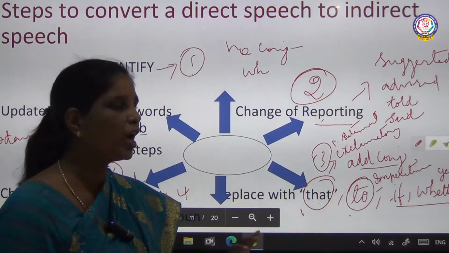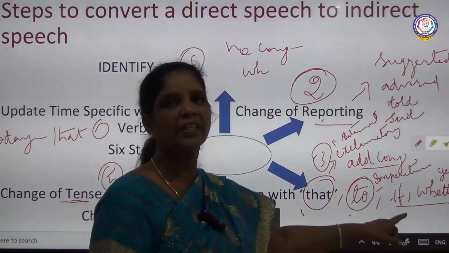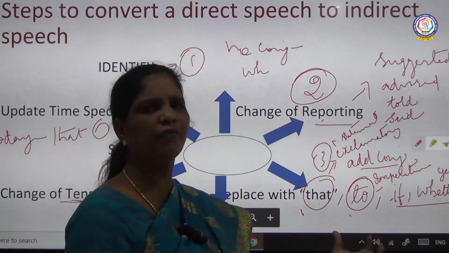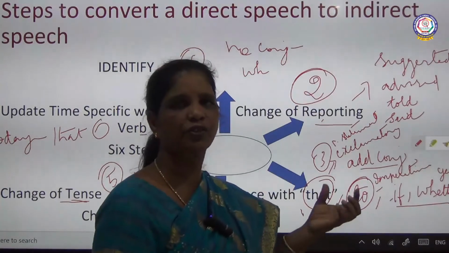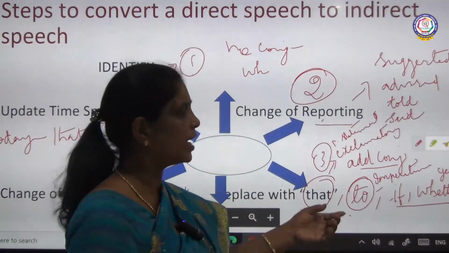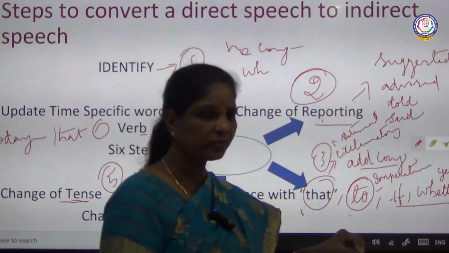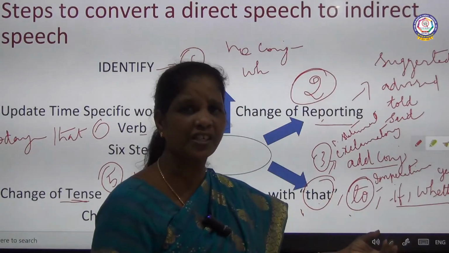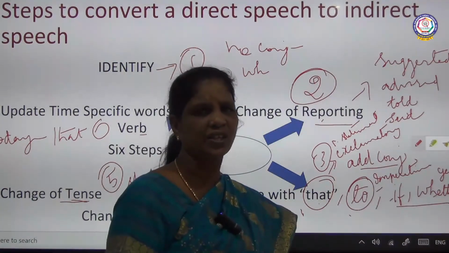It's clear to you. And for a yes or no type question, its favorite conjunction is "if" or "whether". You can keep in mind that "if" or "whether" is a very favorite one for yes or no type. So when a yes or no type question is coming, it will be accepting "if" or "whether" as a conjunction.